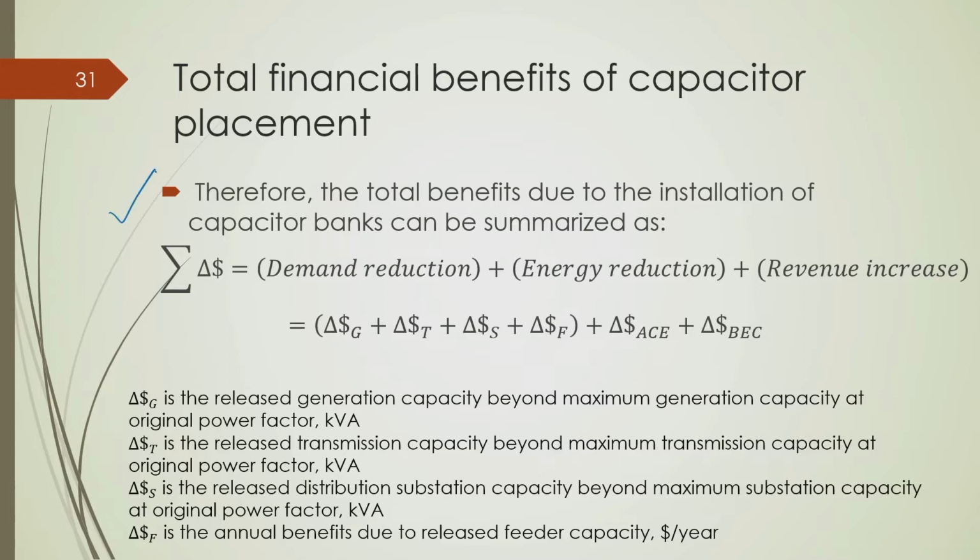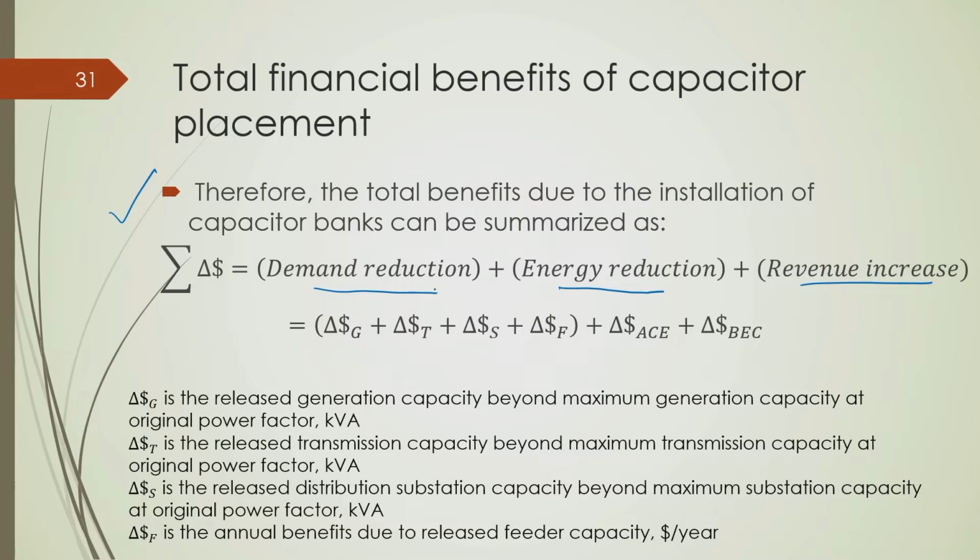One typical objective function formulation is shown over here. This objective shows the benefits we are getting due to this capacitor placement: one is demand reduction, one is energy reduction, another is increase in revenue. They are aggregated and a composite objective function is formulated.